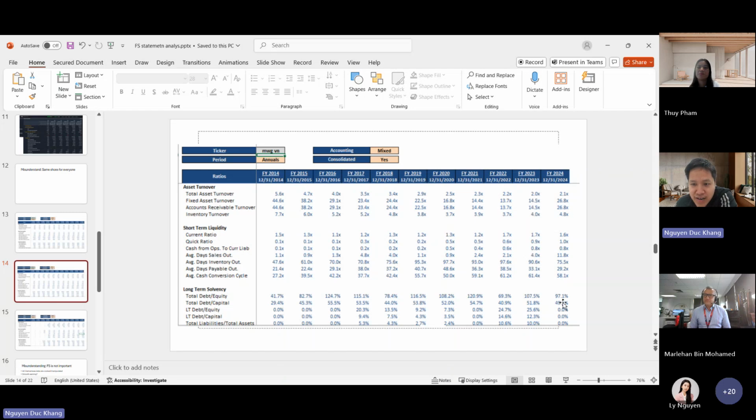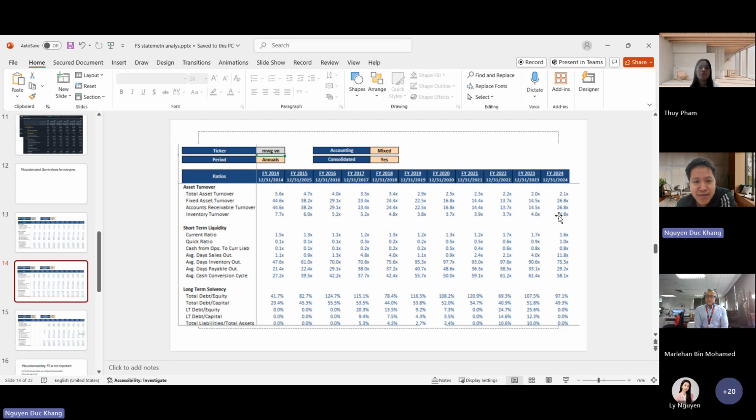One more thing: a trading company like Mobile World has lower margins. So how can a trading company make profits? They make profit by increasing inventory turnover, and the purchase of inventory is sponsored by debt, all short-term, because with an inventory turnover of nearly 5 times a year, it's like more than 2 months.